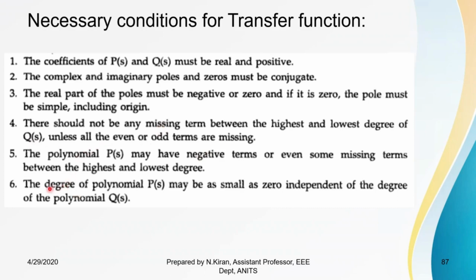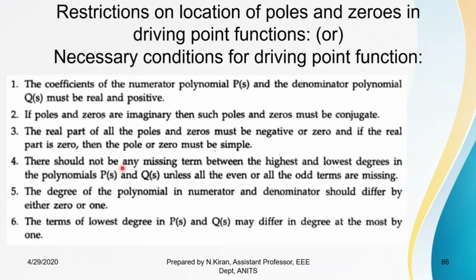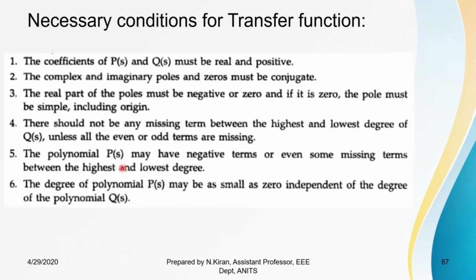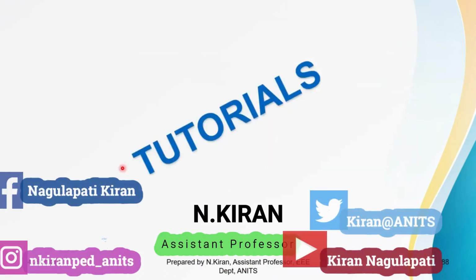And the last condition is that the degree of the numerator can be small or 0, independent of the degree of the denominator polynomial. So these are the necessary conditions of both the driving point function as well as the transfer function.